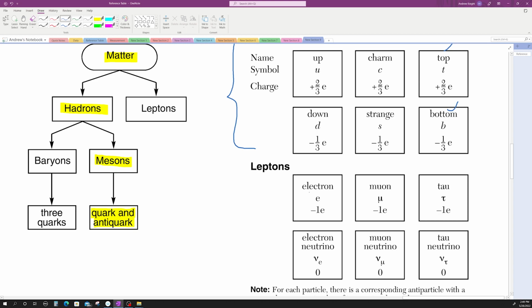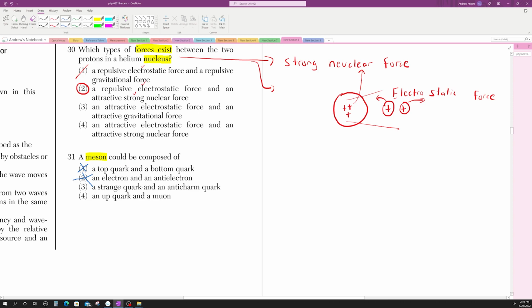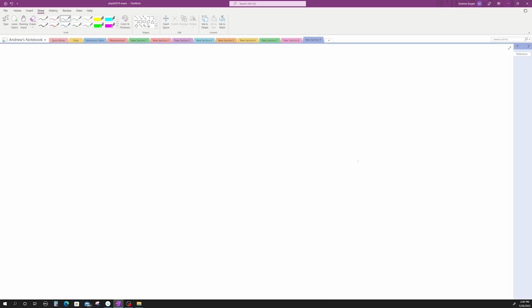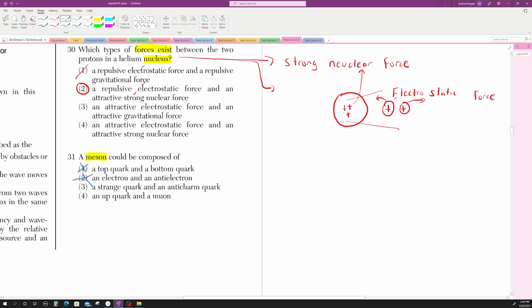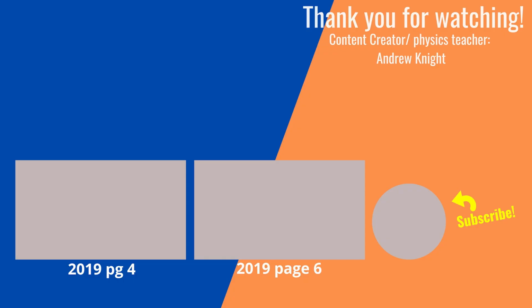Well, electrons are leptons. No, I need a quark and an antiquark, so that's out. A strange quark and an anti-charm quark. Let's see, are they both on the list? Strange quark and a charm, but it says anti-charm. Ding, ding, ding, that's a quark. That's an antiquark, so 3 is my answer.